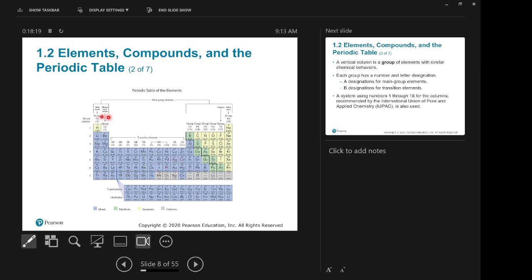You will notice it has periods right here, 1, 2, 3, 4, 5, 6, 7, going down. It then has columns going across, and they're called groups. Everybody said okay? Fantastic. Now I'm going to ask you to keep that in your head. You might want to pull that up on your computer, or if you have a printed version, take that printed version out.